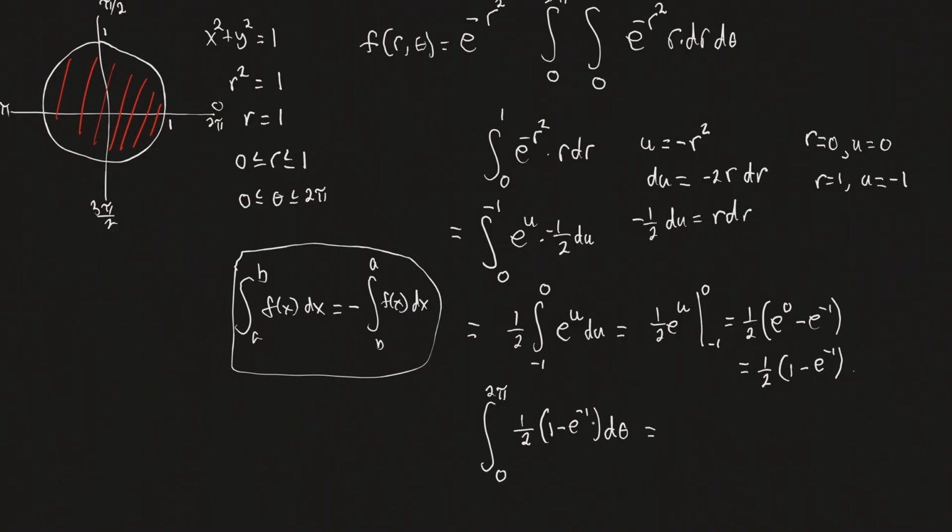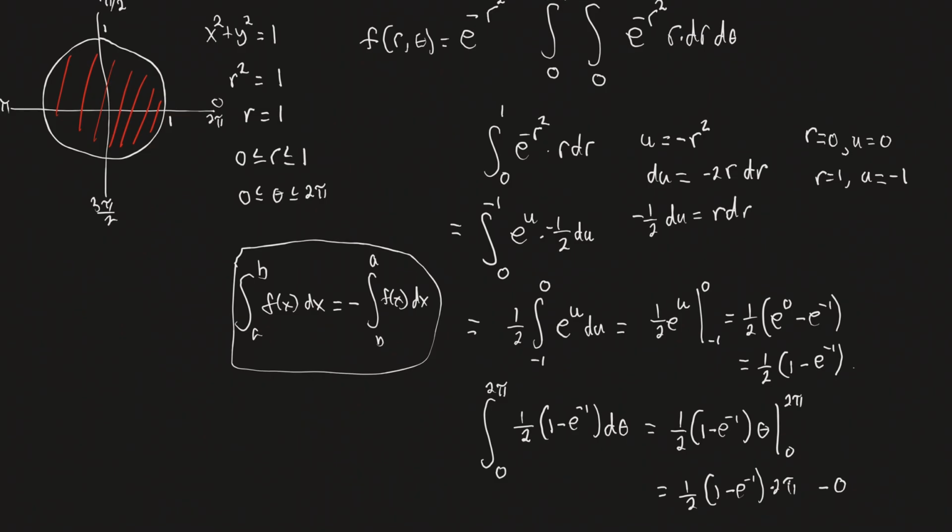The antiderivative of this constant with respect to theta is just that constant times theta. So it's 1/2 times the quantity 1 minus e to the negative 1 times theta, and then evaluate it at 0 and at 2 pi. So at the upper limit, you'll have 1/2 times the quantity 1 minus e to the negative 1 times 2 pi, and then at the lower limit, we'll have 0.